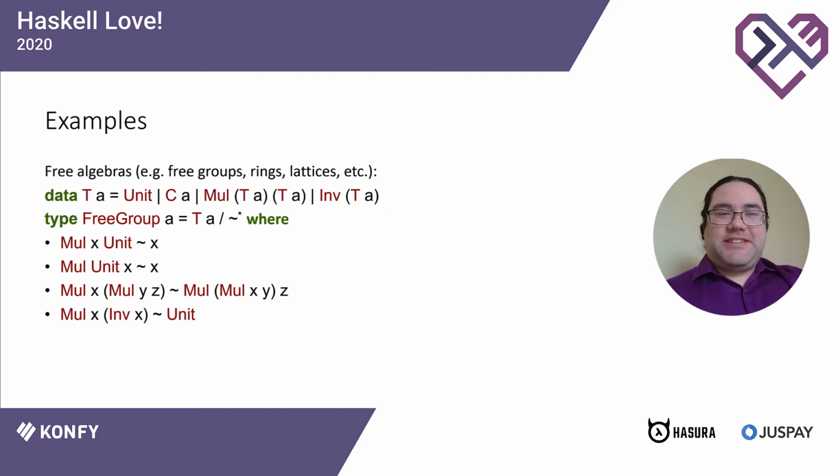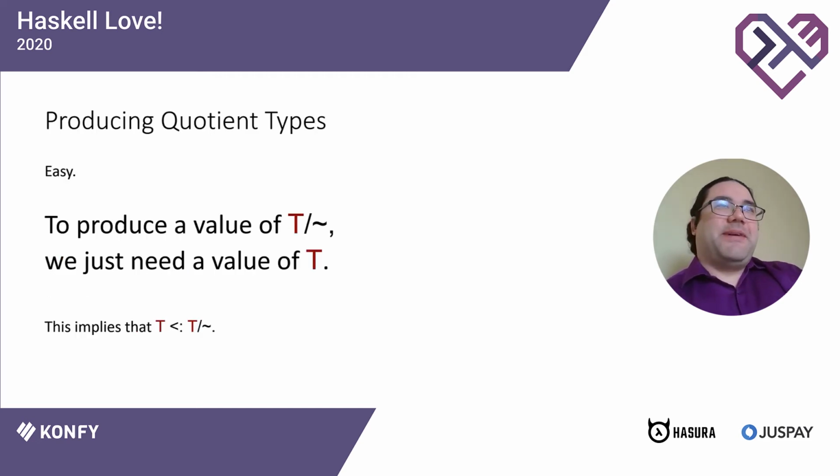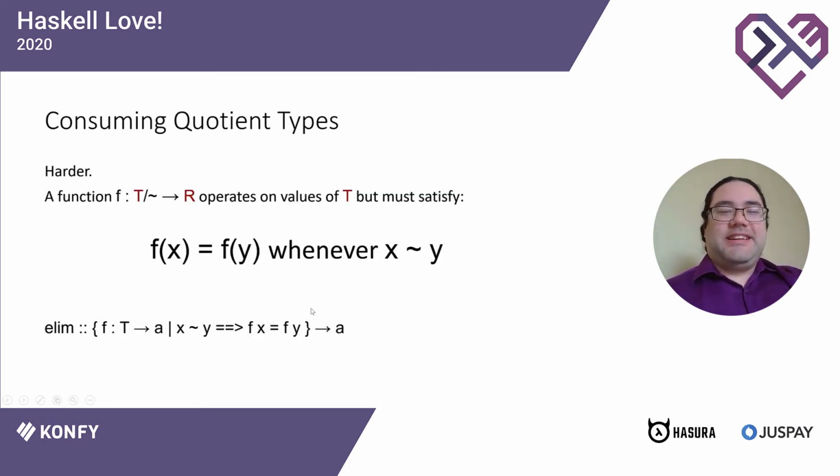So I haven't actually talked too much about how to use quotient types. As I said earlier, producing values of the quotient type is pretty easy. You just need a value of T. Consuming is where it gets interesting.